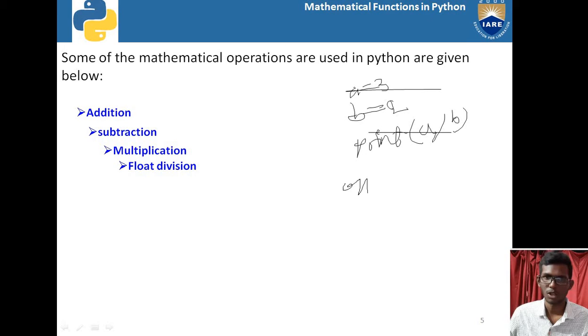Now we get the output as given below. 3 by 2 means 1.5. So this one is completed.